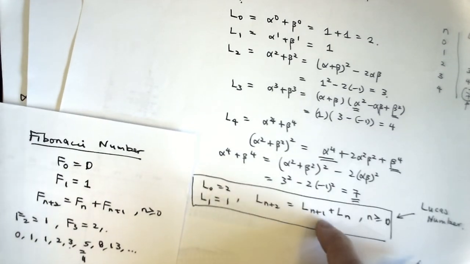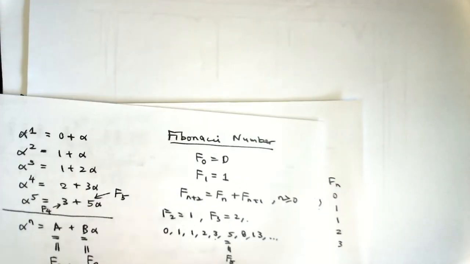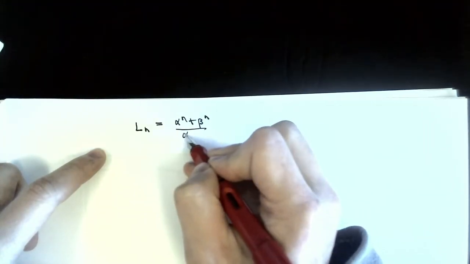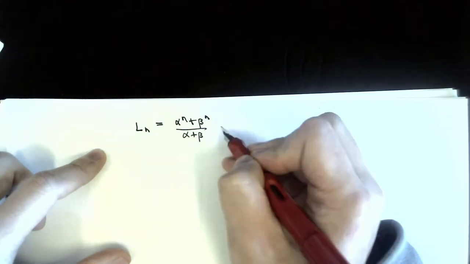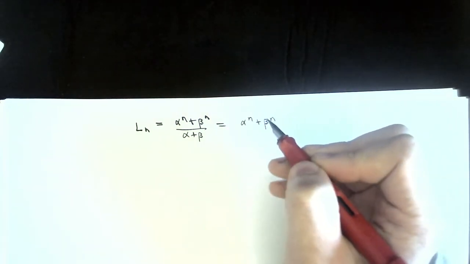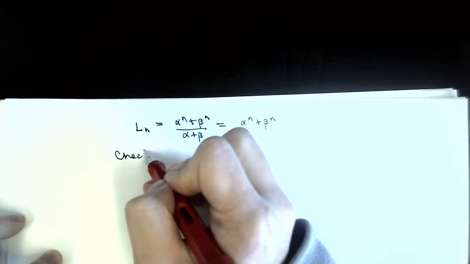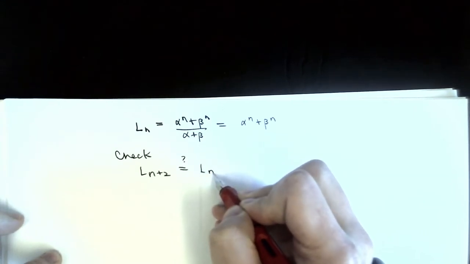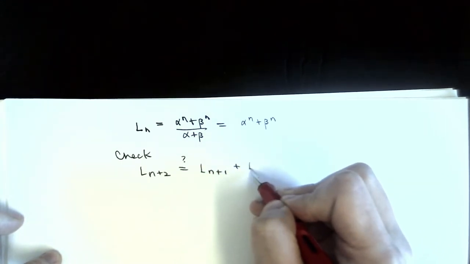How to do so? We have Ln equal to alpha n plus beta n. Of course, we know alpha plus beta is equal to 1. Now we want to check whether Ln plus 2 is equal to Ln plus 1 plus Ln.